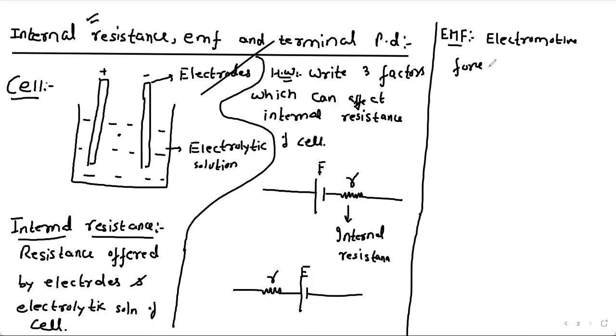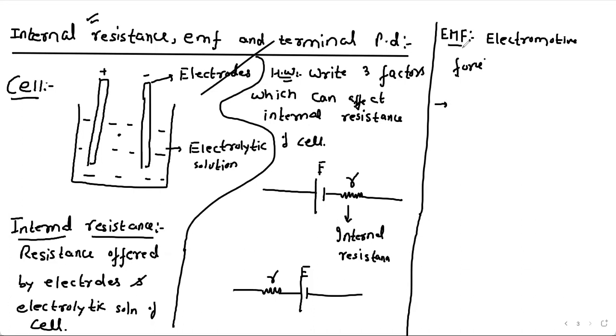So they thought that EMF is a type of force, but actually it's not a force, it's a potential difference. It's rather related to energy than force. So this full form, electromotive force, is misleading. It's not a force. It's a potential difference which can be related to the energy. It's basically an energy, an energy which drives electrons throughout the circuit.